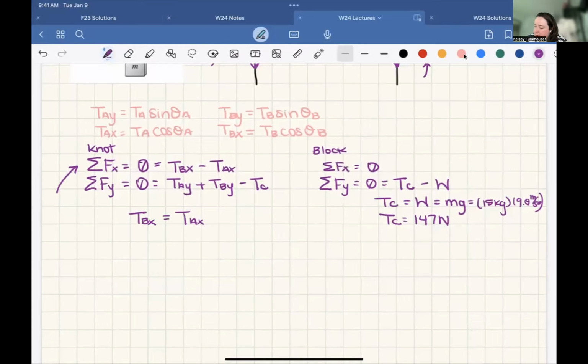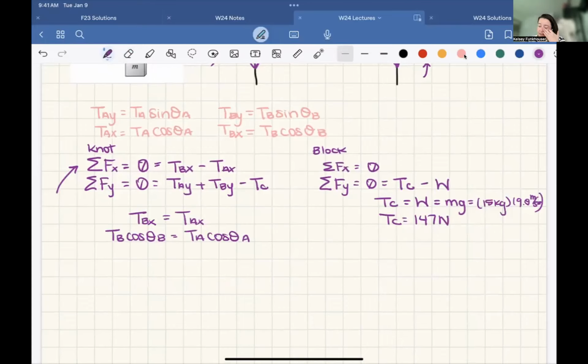So that's good. And maybe we'll plug in our equations here so we don't forget about them, because I do that sometimes. This side was B: TB cosine theta B equals TA cosine theta A.